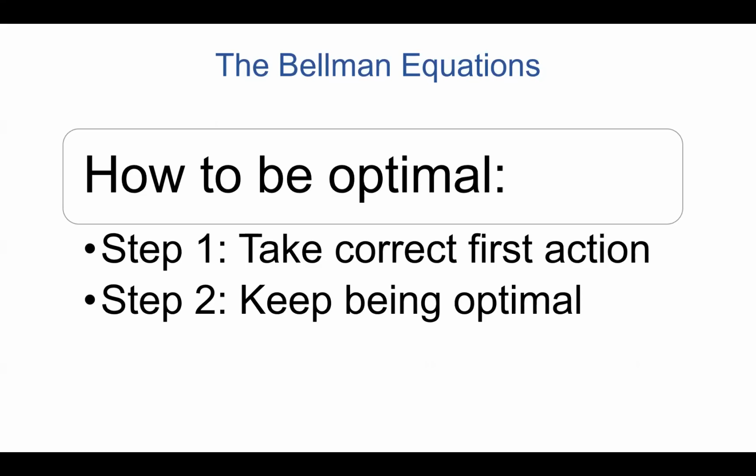Basically, take the correct first action and then keep being optimal. And one way to do that is just simply dynamic programming, right? Simply divide the overall problem into smaller steps. Take the first correct step, and then keep applying that same optimality at every possible step, right?